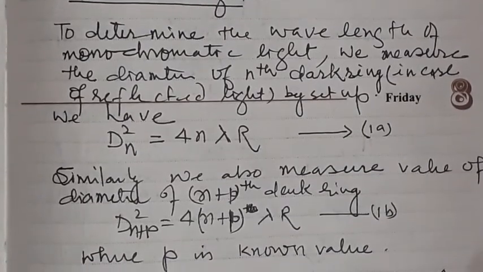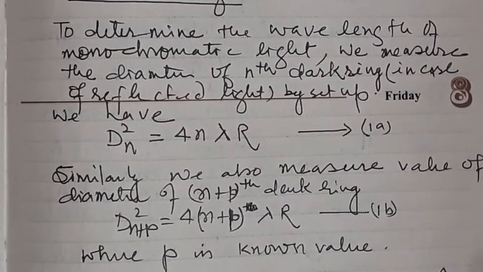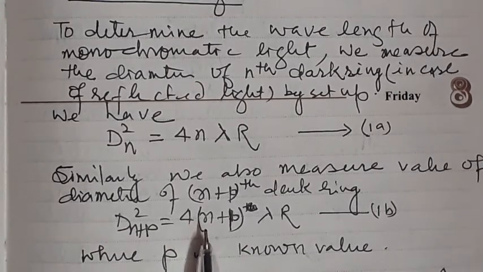From the reference point, we move p rings, a fixed value, let's say 10, 8, 12, 18, any integer. So we have D(n+p) whole square equal to 4(n+p) lambda R, where R is not going to change, so that's why it is a fixed value.